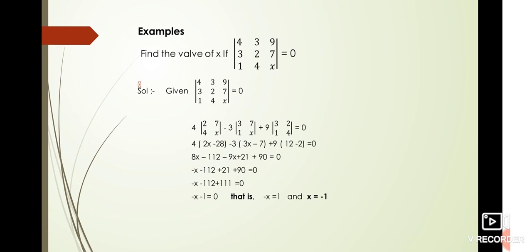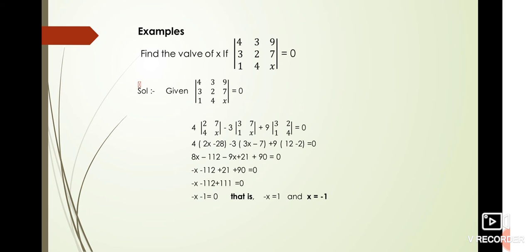And the last example, this is most important. Find the value of x if the determinant 4 3 9, 3 2 7, 1 4 x is equals to 0. This is a third order determinant. Again same, the solution is that the given determinant is equals to 0.